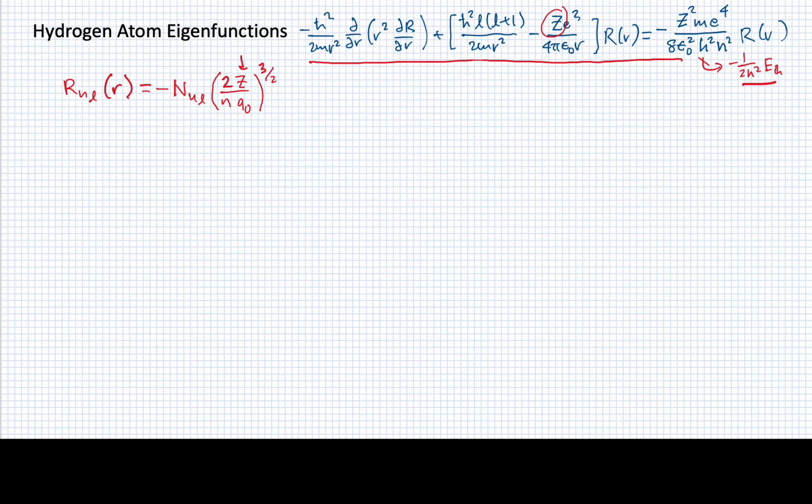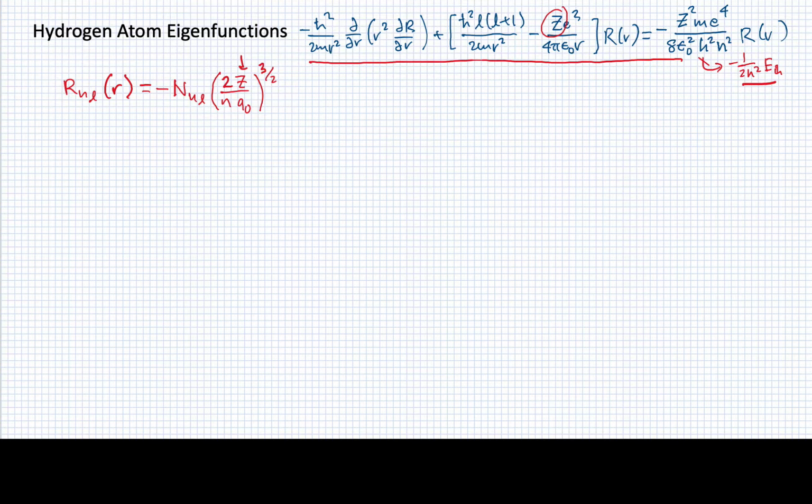Even though hydrogen has just a single proton, we can also use the solutions for the hydrogen atom for example for the helium ion, He+, or the lithium dication, Li2+, in which case we have a nucleus that has more than one proton. And when this is the case, this Z will be greater than 1. So if you don't like the Z here, just replace it with a 1 in your head, but this would allow us to generalize our solutions to other types of systems.